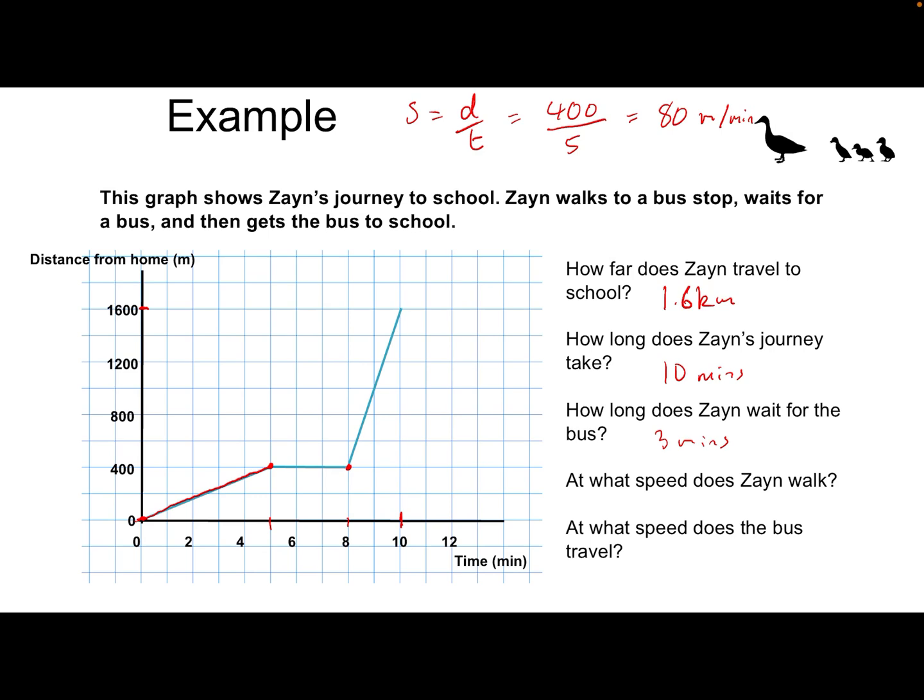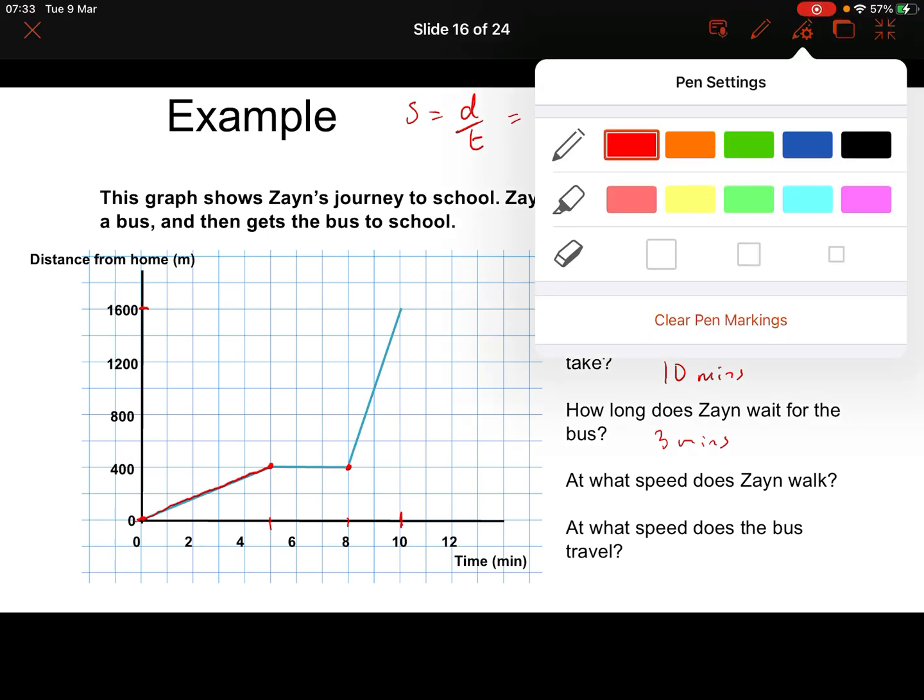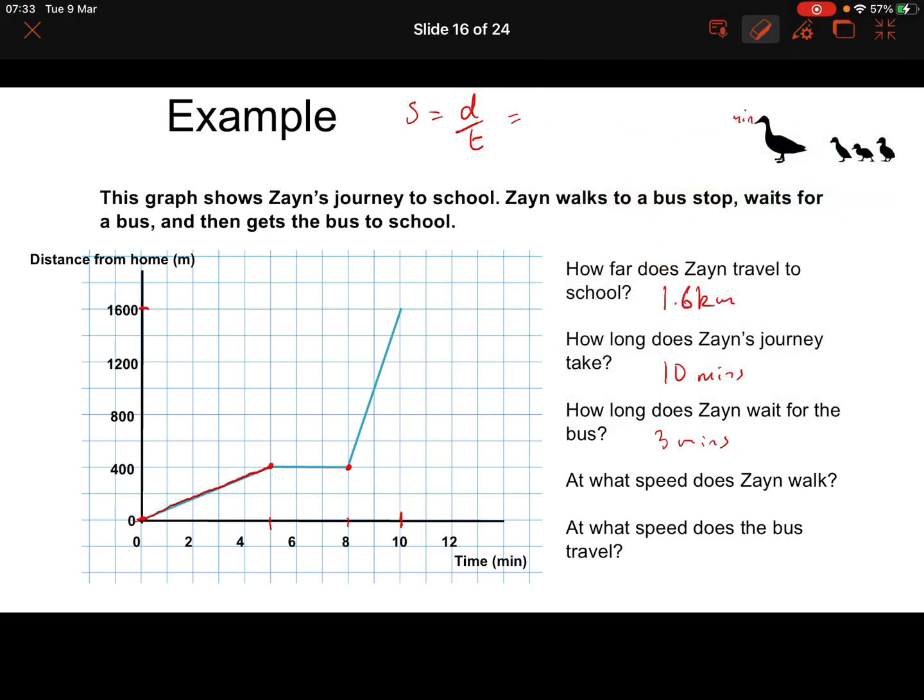You always would do it in kilometers per hour, or you would do it in meters per second. Well, it doesn't say which one, so we're going to do kilometers per hour. So what you need to do is change the 400 meters to kilometers. Well, that's 0.4 kilometers. Divided by 5 minutes in hours.